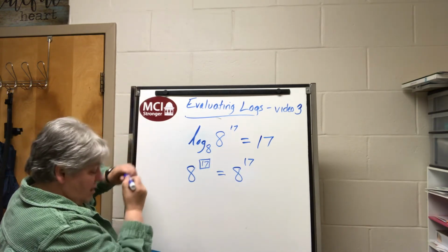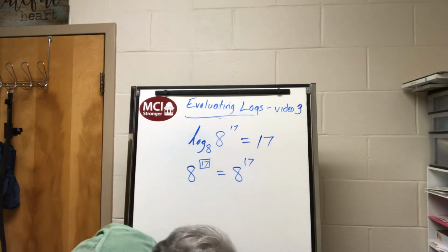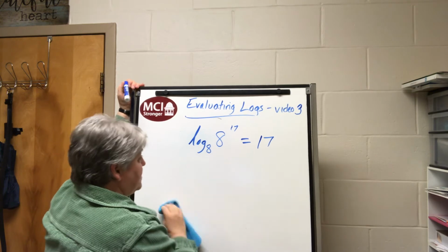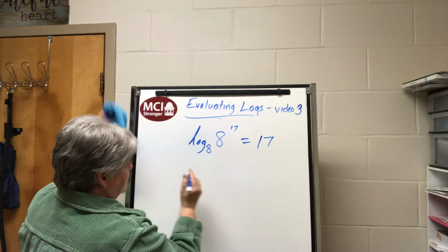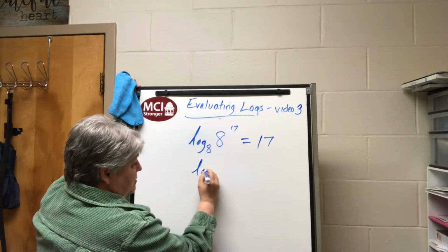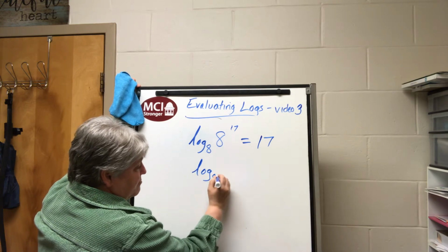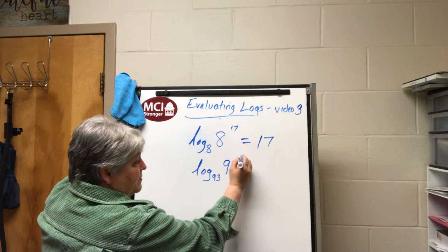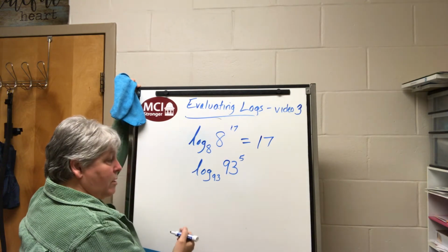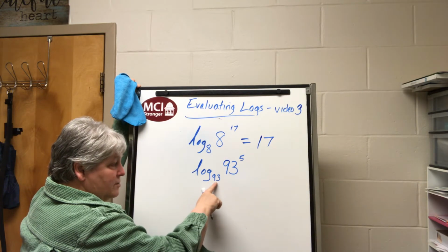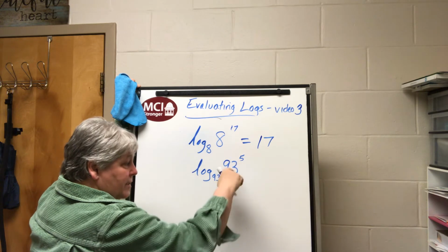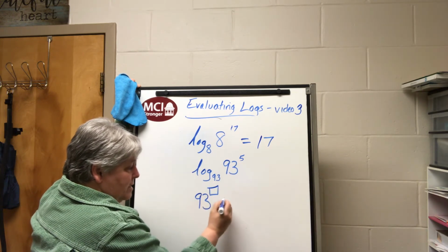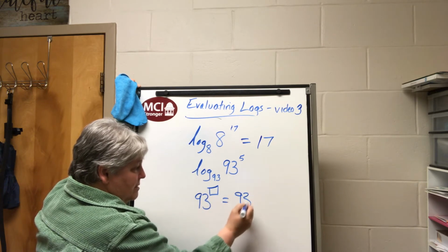So let me look at a couple more that are along the same lines. What if I had the log to base 93 of 93 to the 5th? What power would I raise this to in order to get this thing? 93 to what power equals 93 to the 5th?